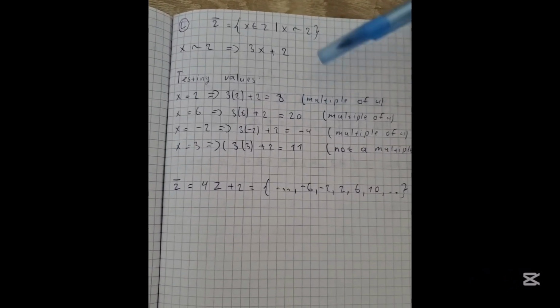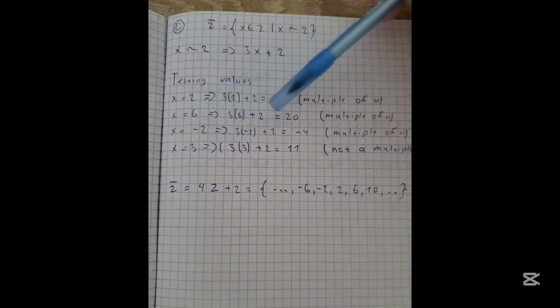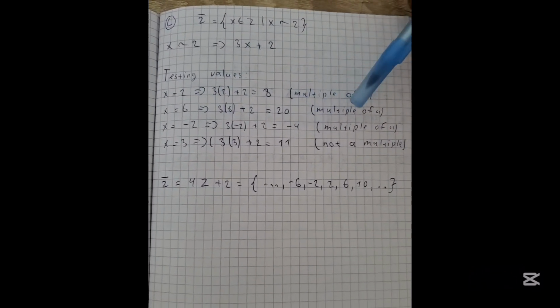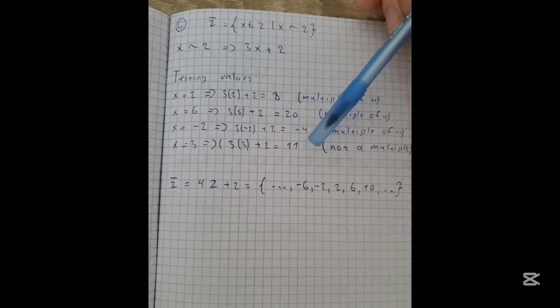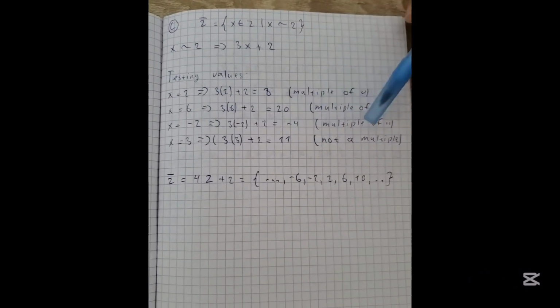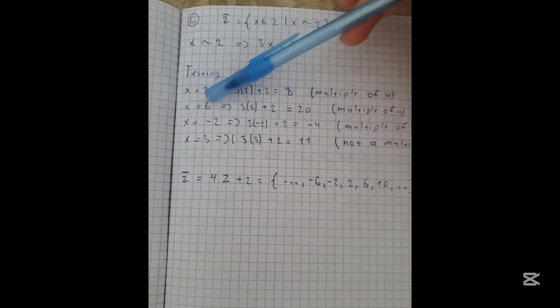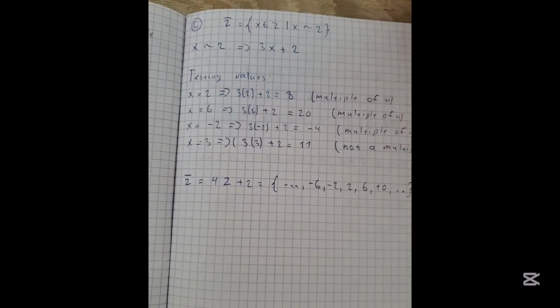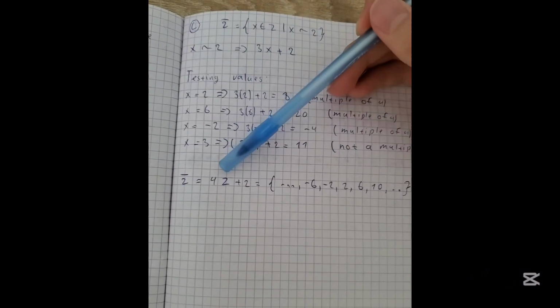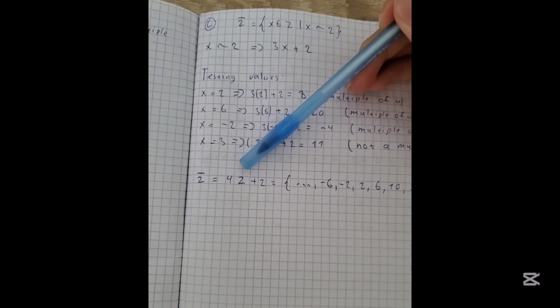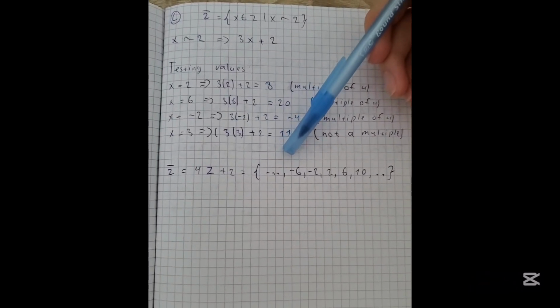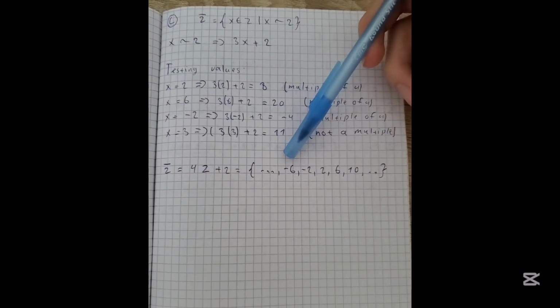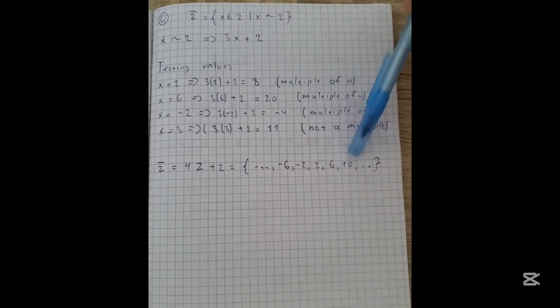It's also a multiple of 4. And for negative 2, we get negative 4, which is also a multiple of 4. But if we choose 3, the result will be 11, which is not a multiple. So by these numbers, we can see the pattern, which is 4 multiplied by z, where z is any integer, plus 2. And by this we can see the equivalence class of 2, which consists of that set of numbers.